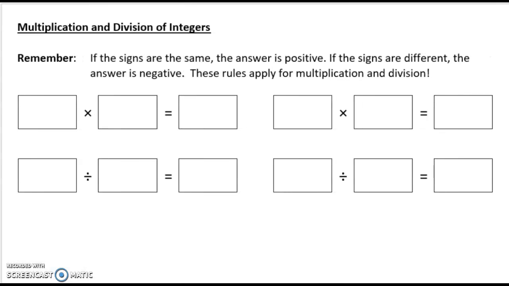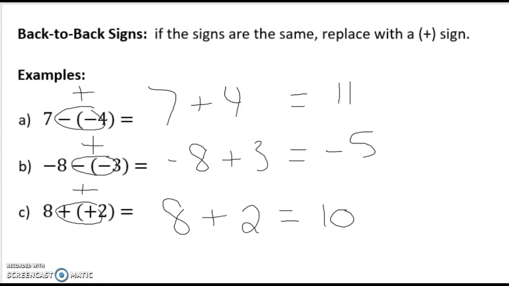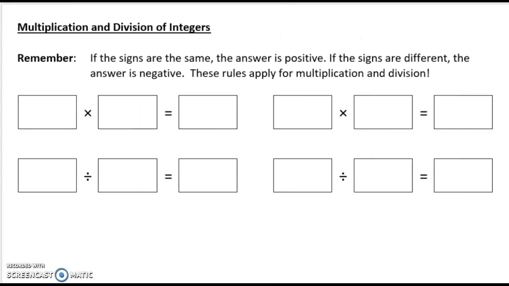So now we're going to do some multiplication. Remember, if the signs are the same, the answer is positive, just like what we just did. If the signs are different, the answer is negative. So these rules that we just learned with back-to-back signs mean the exact same thing. Let's do a positive times a positive.